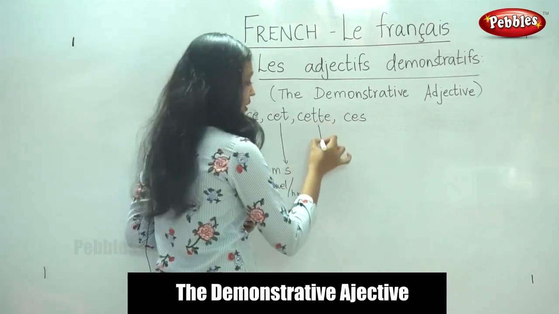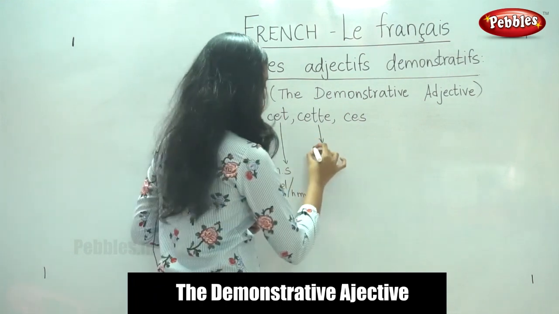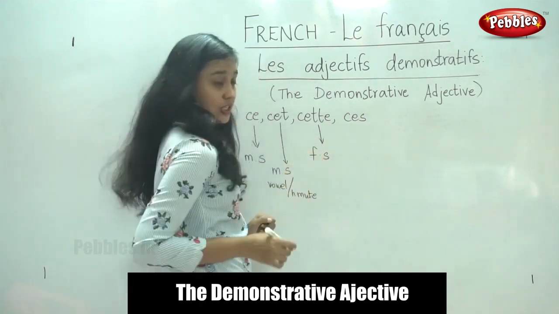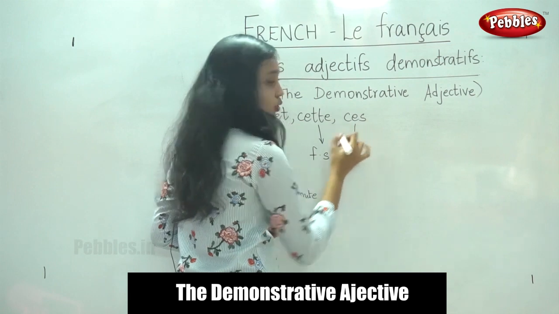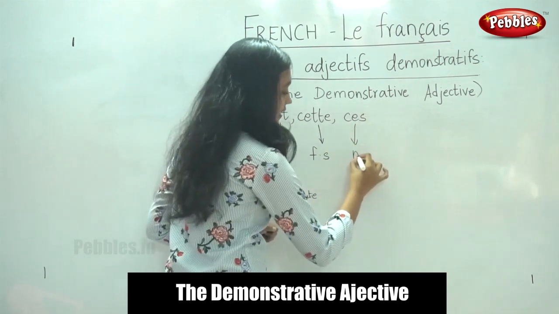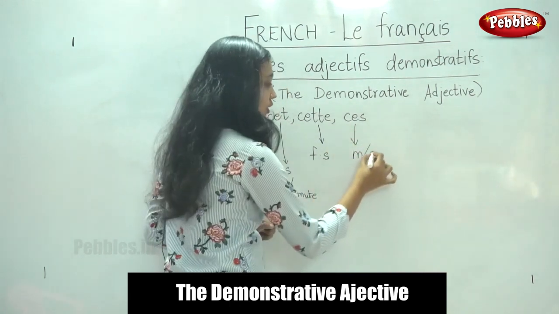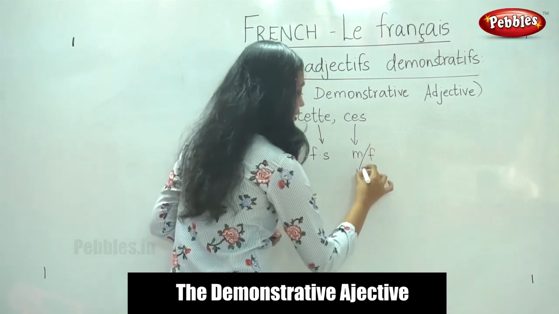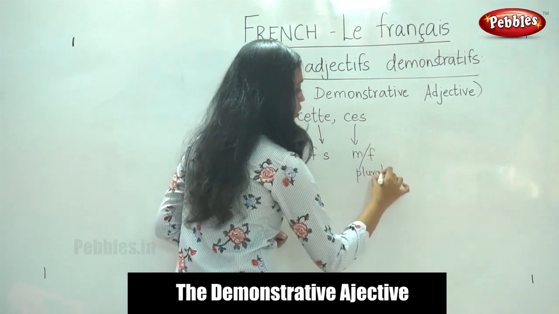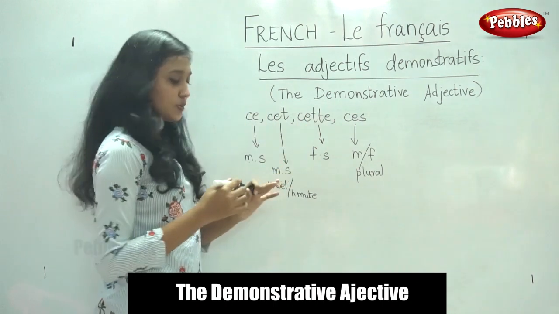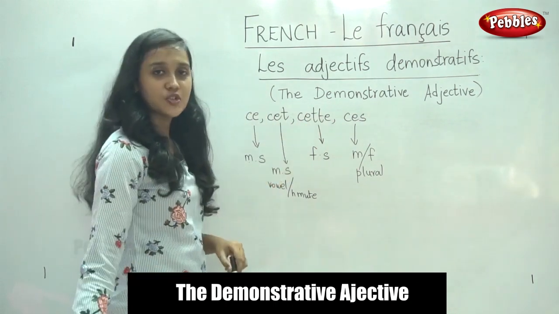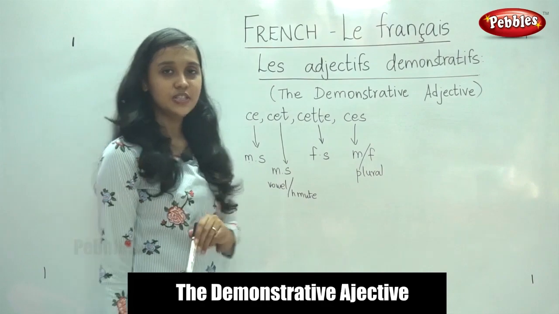And cette, we used it before a noun that is feminine singular, and ces, we used it before nouns that were either masculine or feminine plural. So, these are the four words we would use in the demonstrative adjective. I hope you understood this concept.